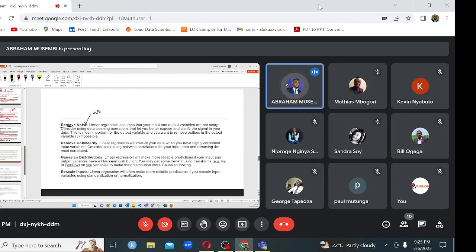So you have to remove those outliers. Linear regression assumes that your input and output variables are not noisy. Consider using data cleaning operations that let you better expose and clarify the signal in your data. This is most important for the output variable, and you want to remove outliers in your output variable y if possible. So you have to remove the outliers.